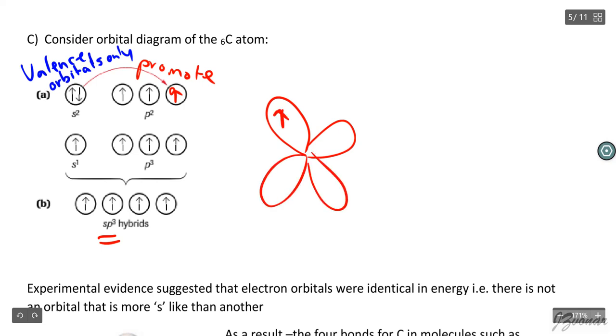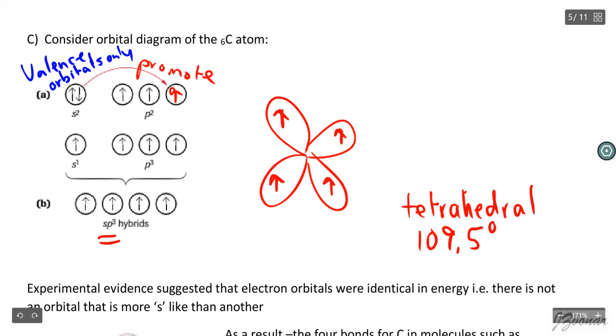All right, so each one of these lobes has 1 electron that is now capable of overlapping with another half-filled orbital. Okay, so this shape is tetrahedral, and the angle of separation is 109.5 degrees.